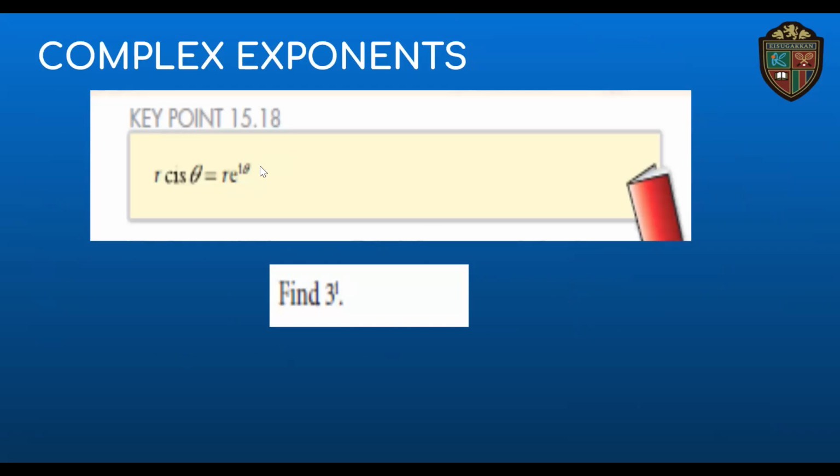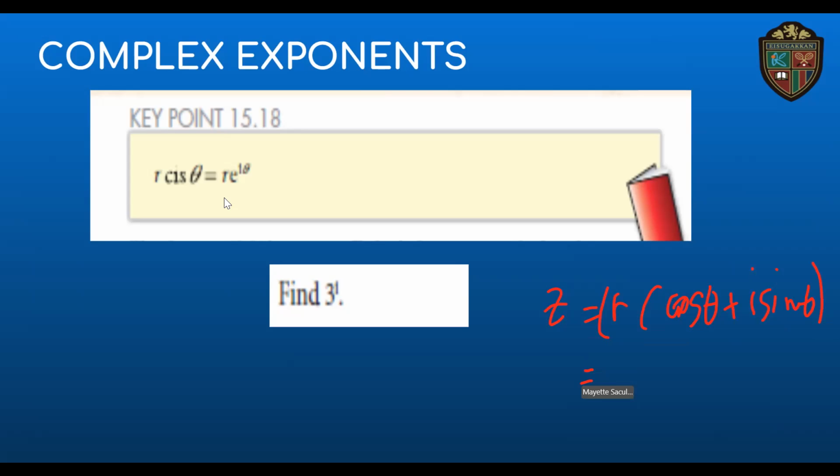Okay. Now, this is what we call the Euler form of the complex number. Remember, if we have z equal to r cosine theta plus i sine of theta, we can write this as r cis theta.